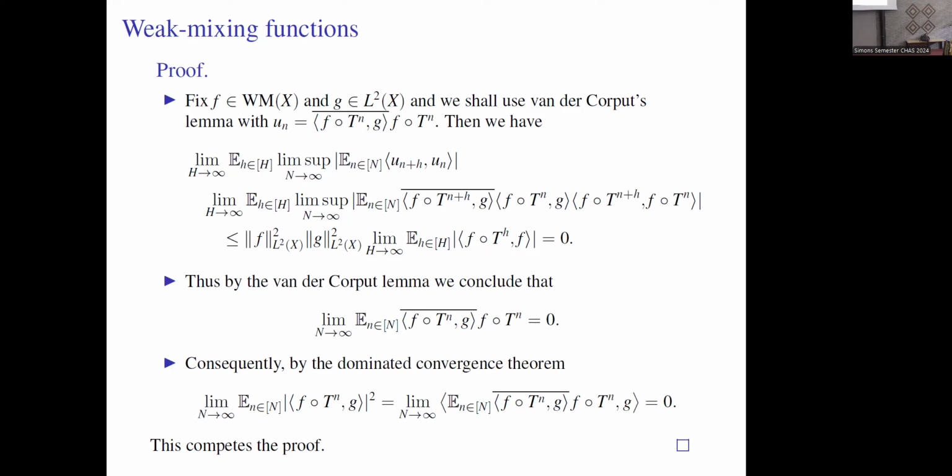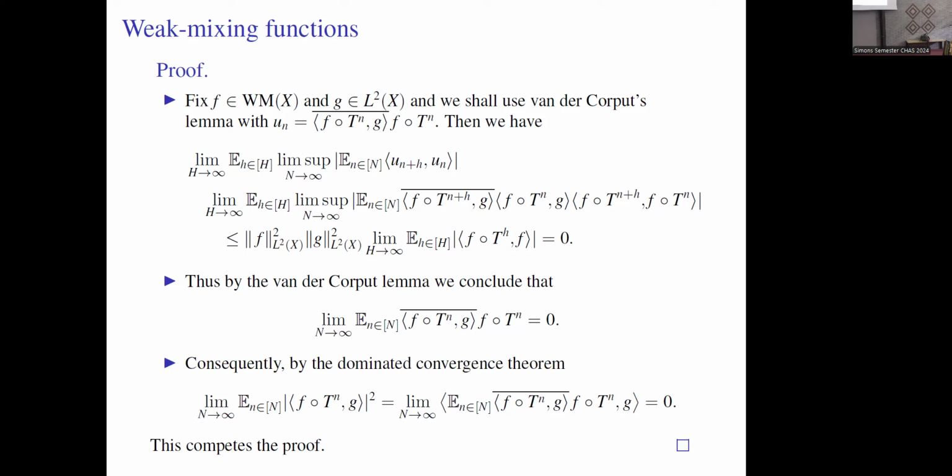So therefore, by the van der Corput lemma, we have shown this. Yes, we verified this condition for this sequence. So by van der Corput, we know that this converges to 0 in the L2 norm.